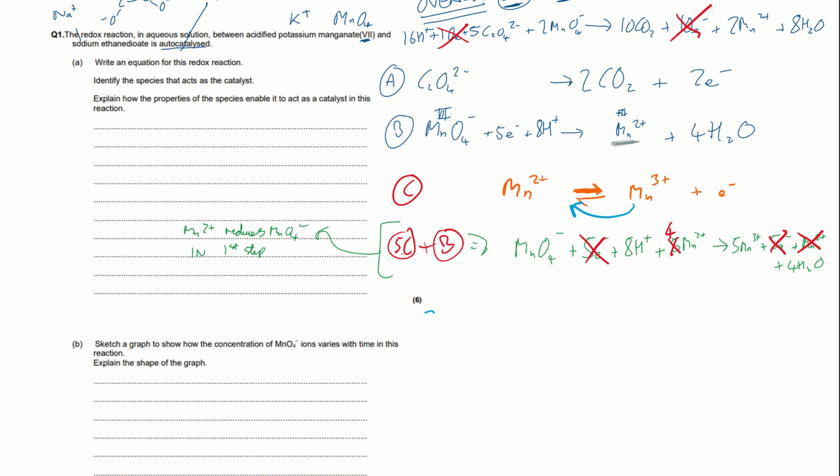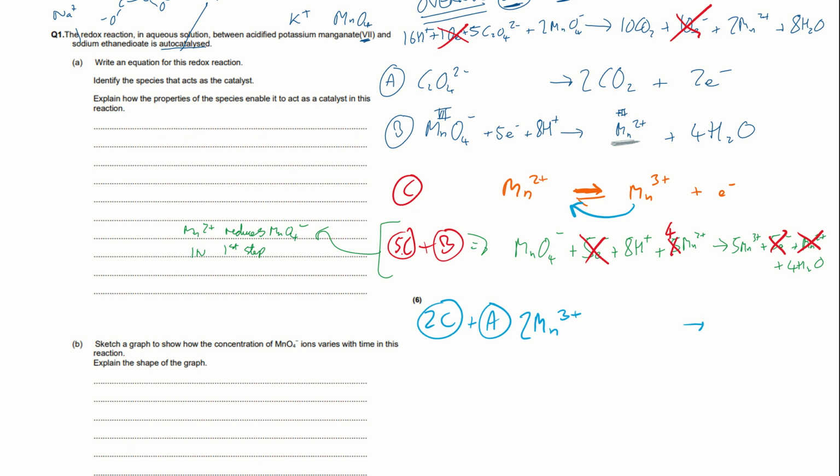Well, now it's just going to be 2 lots of the catalyst half equation, 2C plus 1A, because it's a 2 electron change. So on the left-hand side, Mn3+ is what we're starting off with, but it was 2 of them, wasn't it? So 2 Mn3+.